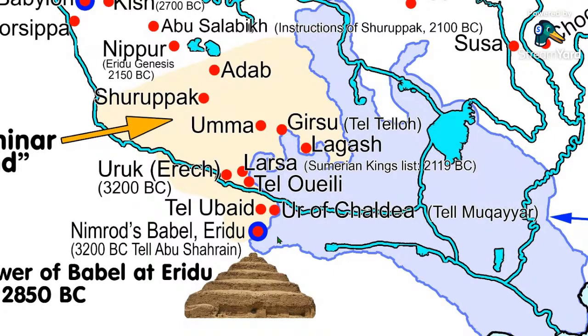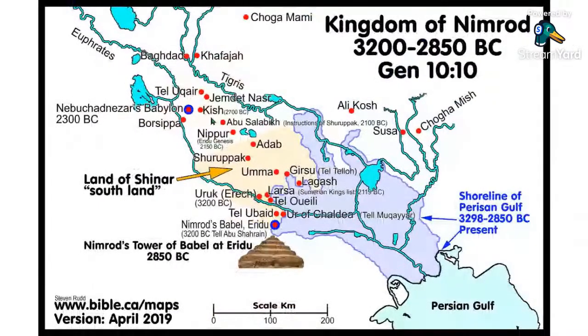And of course, we know about the story about the conflict between Abraham and his father and Nimrod. It happened here in this area here, and God told Abraham, "Get out of there, go to the land of Canaan," which is what he did. So that's what happened there.